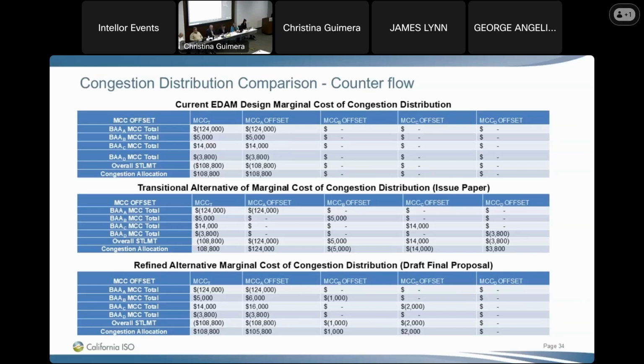Now, what that means is I've reduced the amount of money in BAA from $108,800 to $105,800 because the OAT transition customer exercised its OAT rights. Now I'm going to open it back up for more questions.